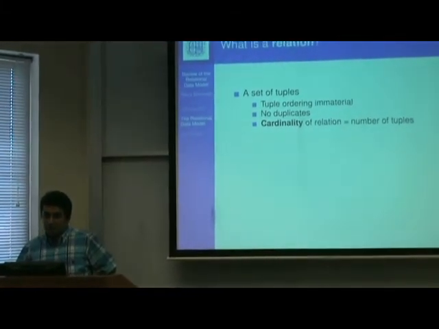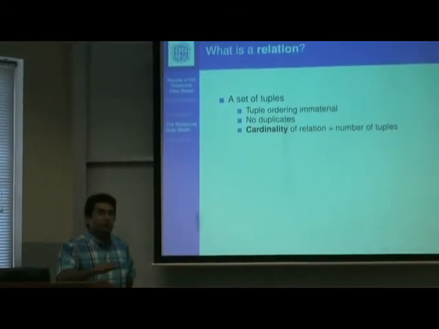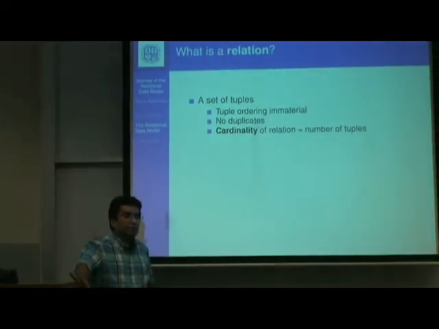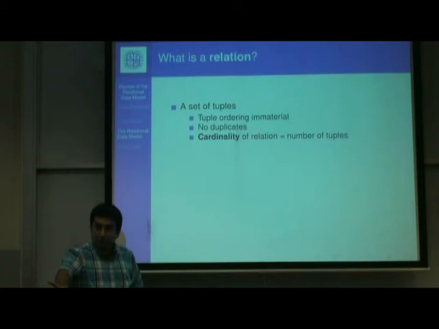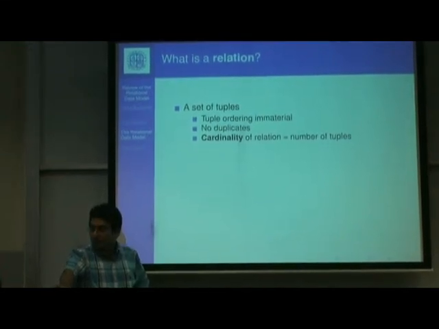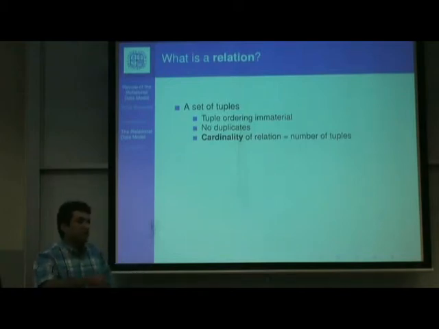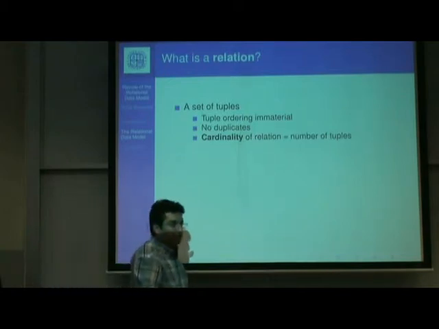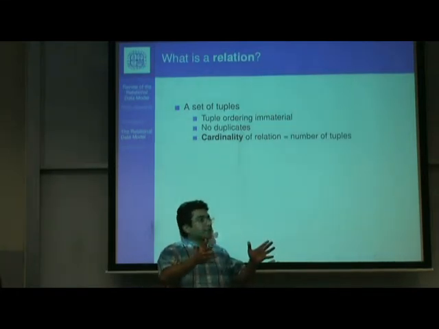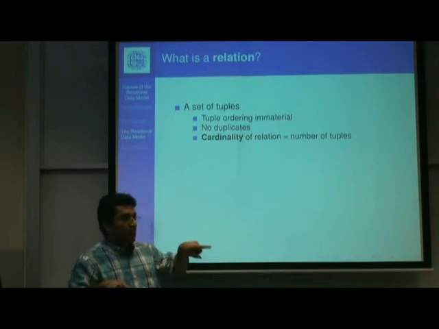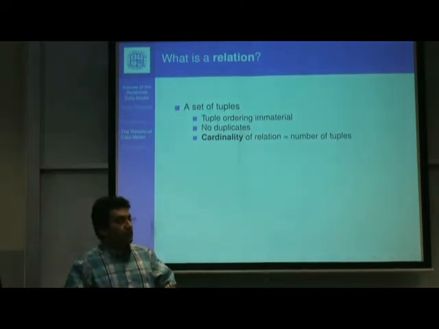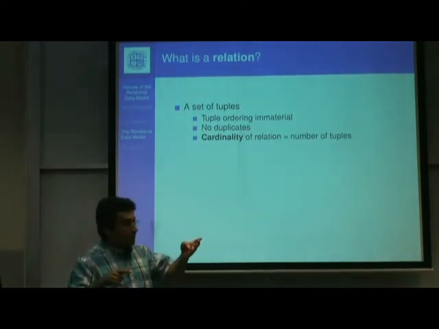Again, how many of you have worked with JDBC? If you have worked with JDBC, you know that when you submit a select query and you get data back, the data appears in terms of a table, and you will have a cursor, and you can move the cursor to the next record, exactly.